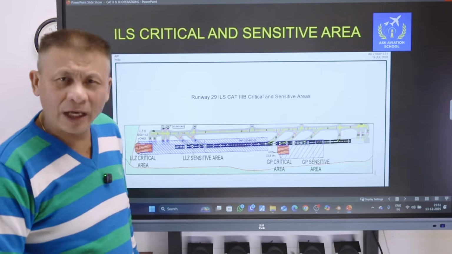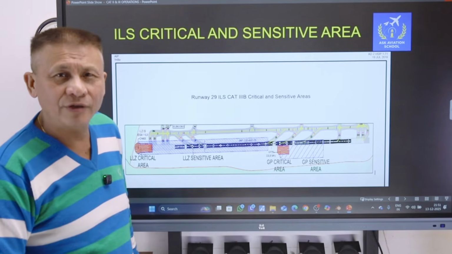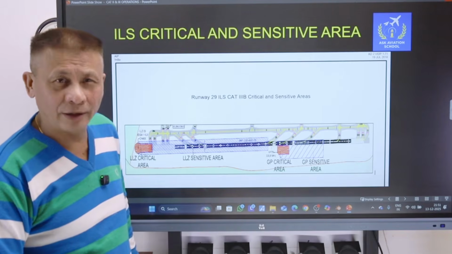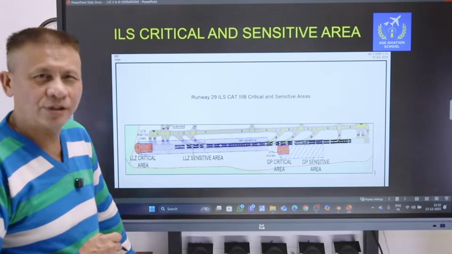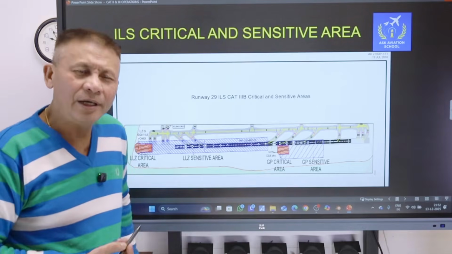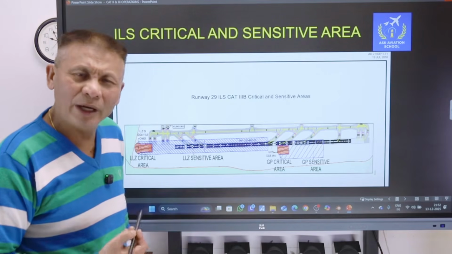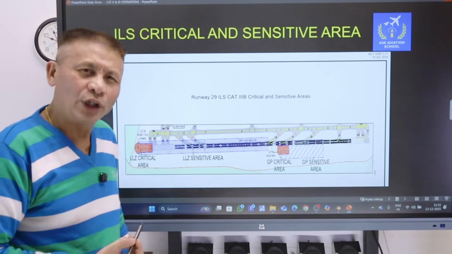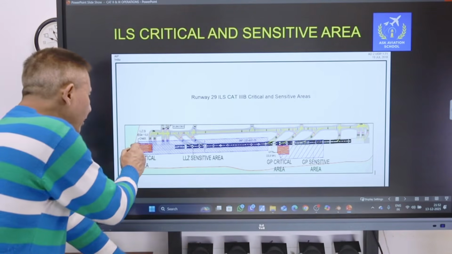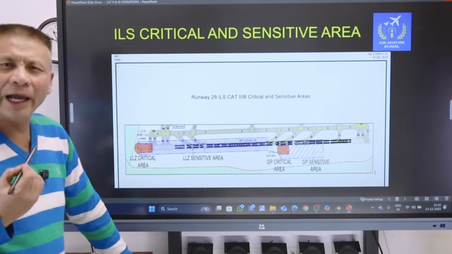So after the LVP is announced or enforced, the area around the airport is divided into two categories. One is the critical area, another is the sensitive area. So primarily, the critical area is that area around the airport where the movement of vehicles, including the aeroplane, is prohibited. So this will be normally in the very close vicinity of the particular antenna.